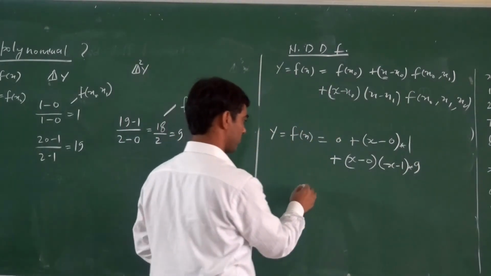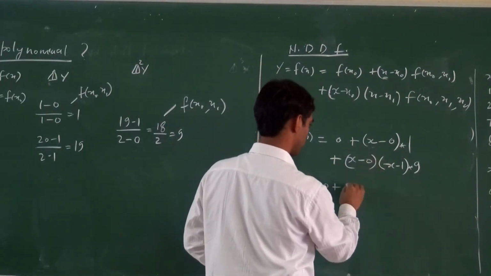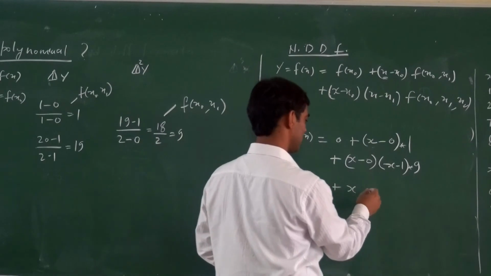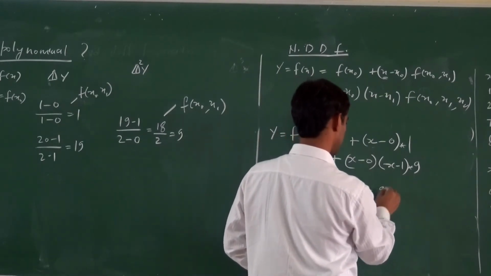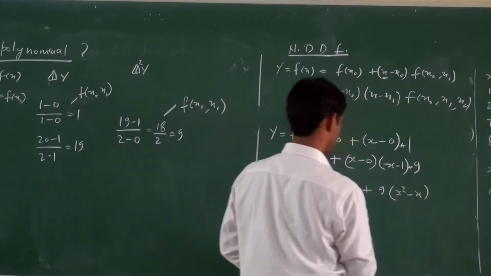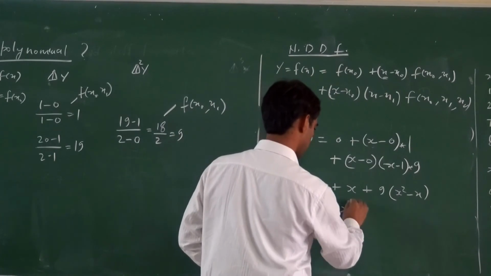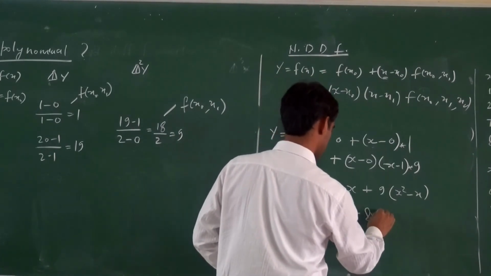If we simplify, this becomes 0 plus x, plus 9 into x square minus x. And if we simplify, this becomes 9x square minus 8x.